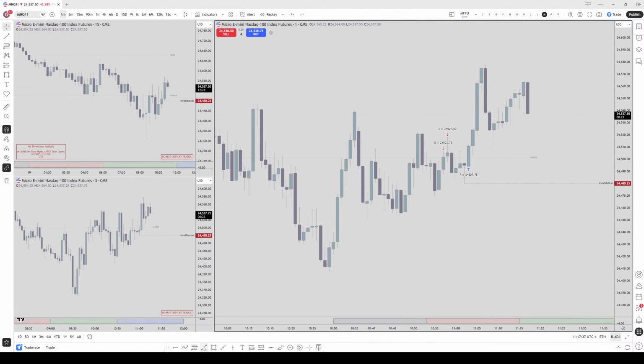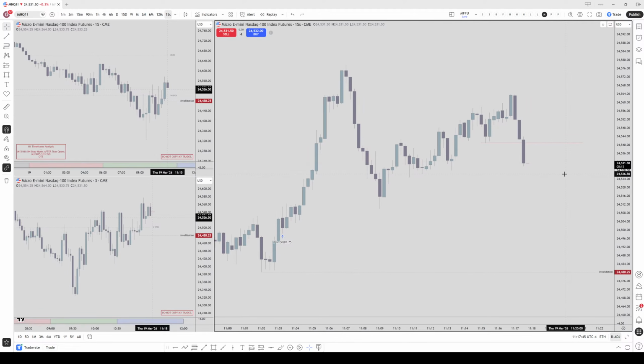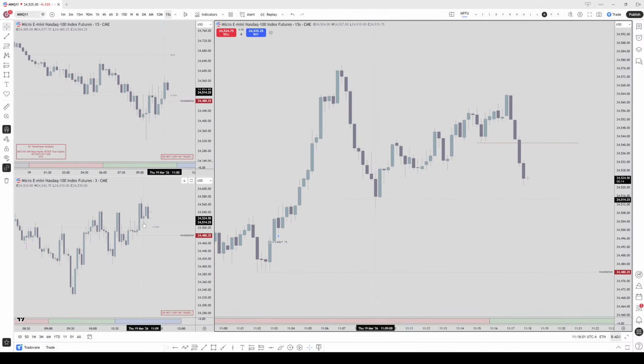So we took out a swing low right here. Looking at the 15, we took out these lows as well. I'm not sure if we're coming back down into the 3 minute swing low.